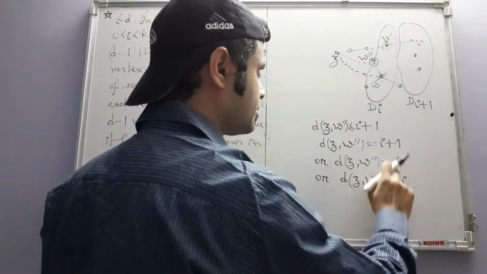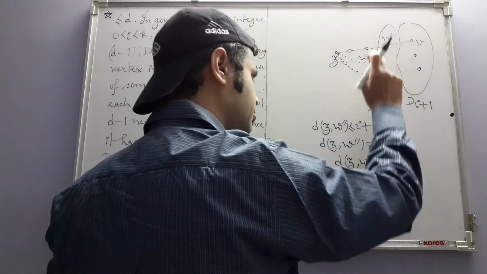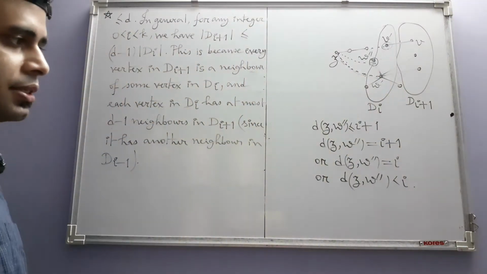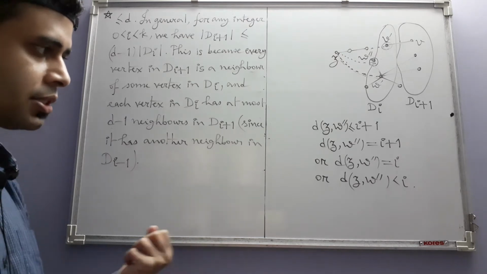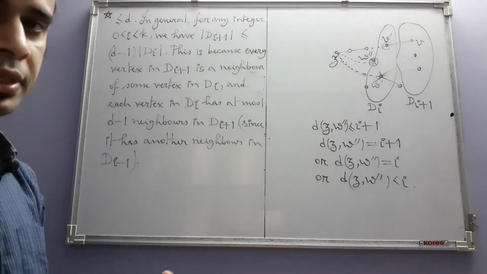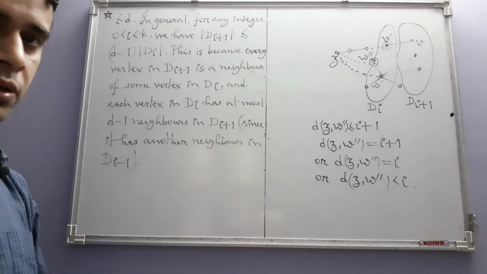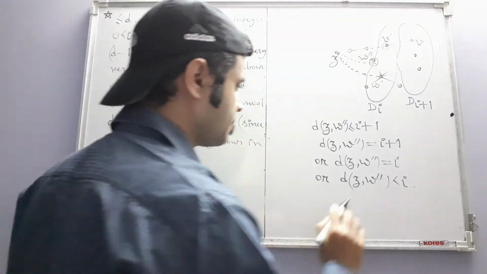If the distance is I, then this vertex belongs to di. If the distance is less than I, then the vertex will belong to some lower di, some di minus 1 or I minus 2, something like that.